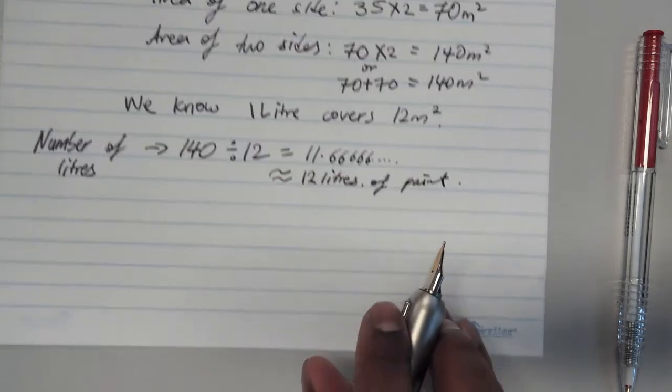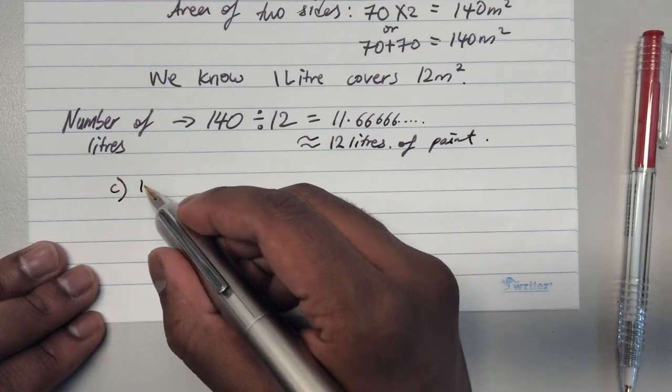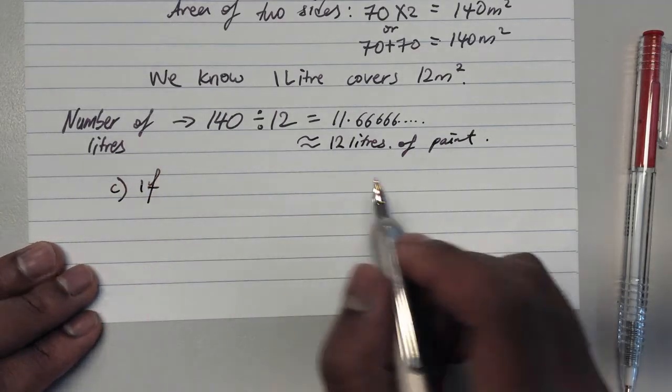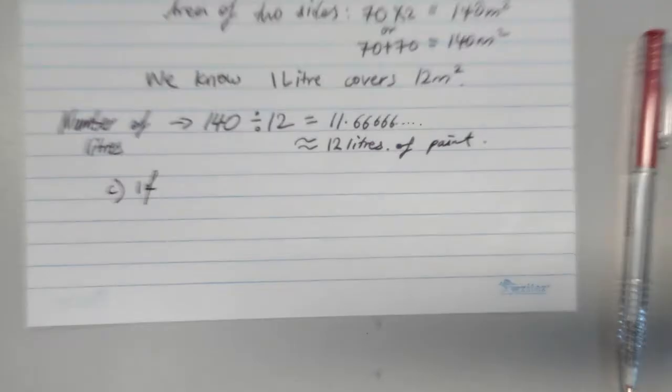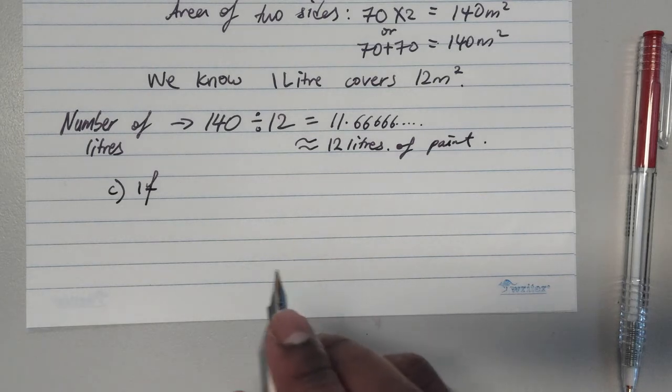Now last and final step is question C. Aiden goes to the paint store. He says, I need 12 liters of paint. Give it to me now. The guy from out of town goes, what's wrong with you? We don't sell paint by the liter. We sell it in paint tins.